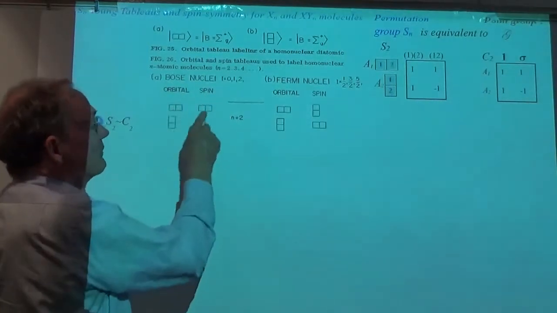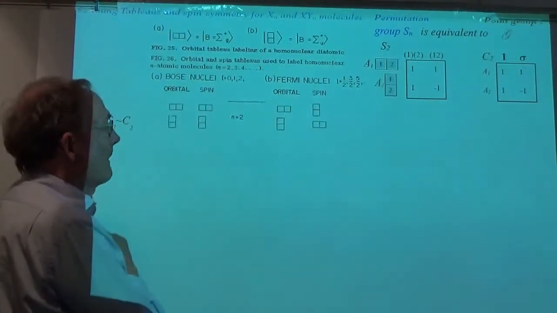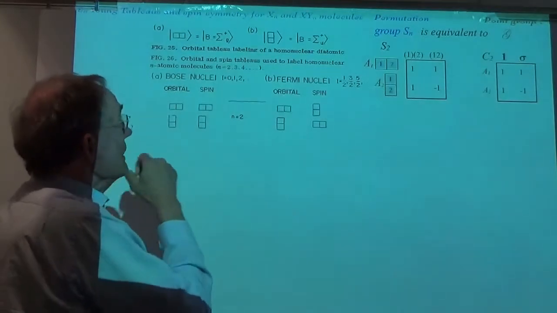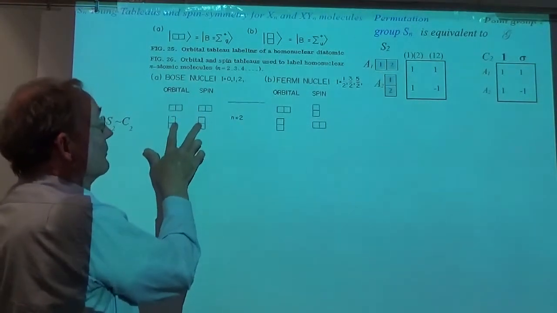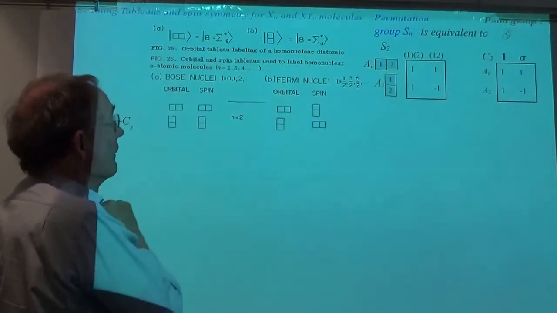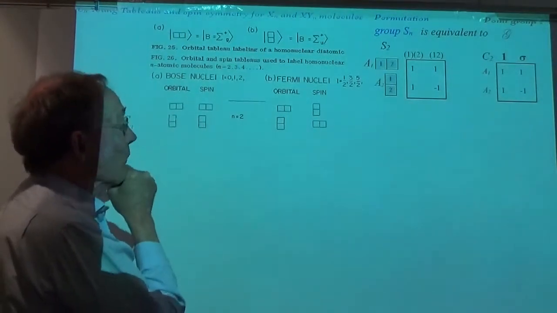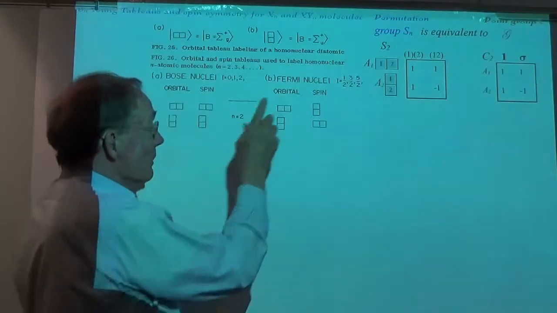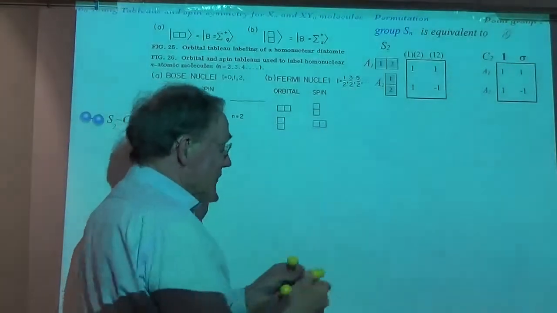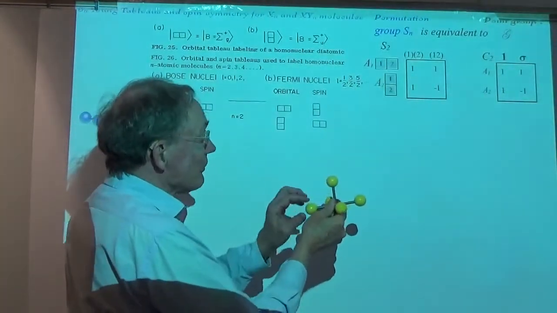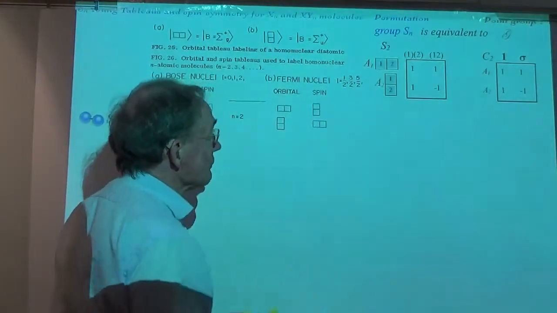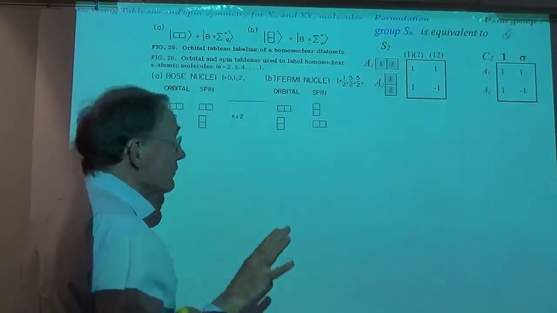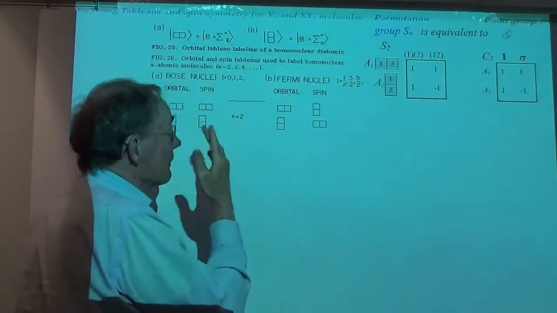And they're both going to be described by these tableaus. But the idea is that with the Bose nuclei, you put them, the equal ones, together to make a total wave function of spin and orbit, or rotation. With half-integral spin, as I say, which is what fluorine has, so there's 6 of these, 1/2, on all of the tetrafluorides, and there are no other stable isotopes, so you don't have to worry about that.